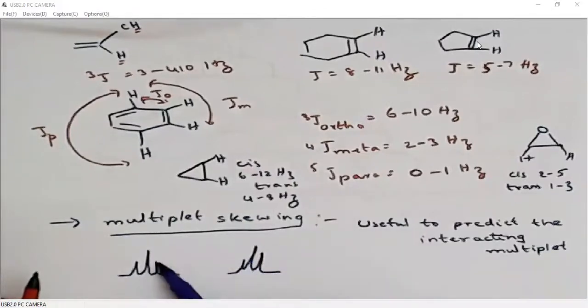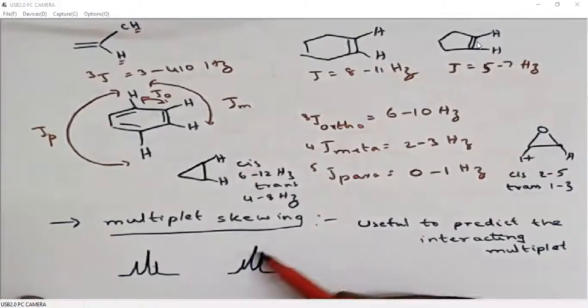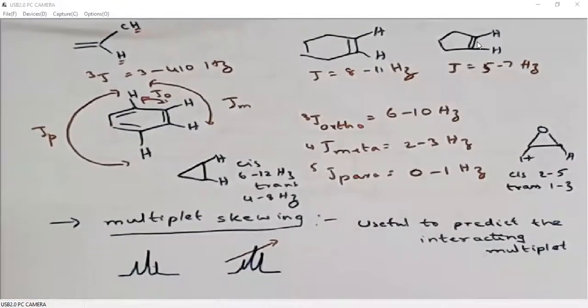It is not 1:1 at the two ends. When we draw an arrow, it will be like this. That means it is an interacting multiplet, it is interacting with another multiplet.